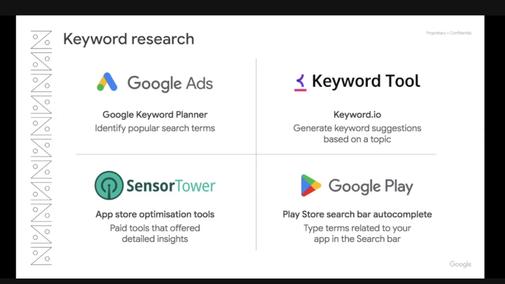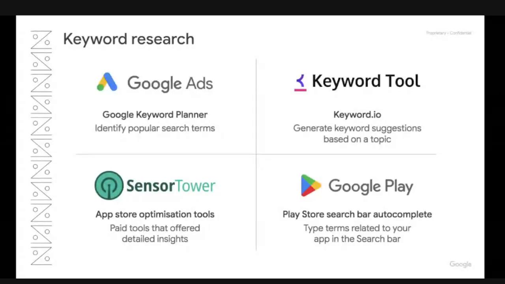So Sensor Tower is another example which is so important to utilize. Basically, Sensor Tower is an Apple App Store optimization tool. Unfortunately it's paid, but it gives detailed insight into app-specific search terms.